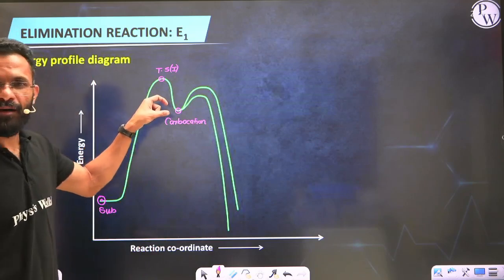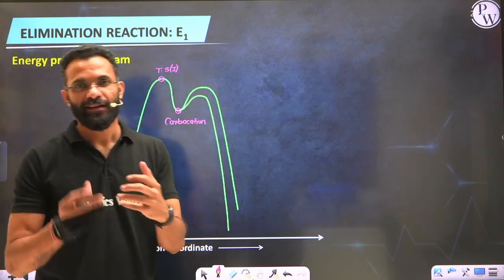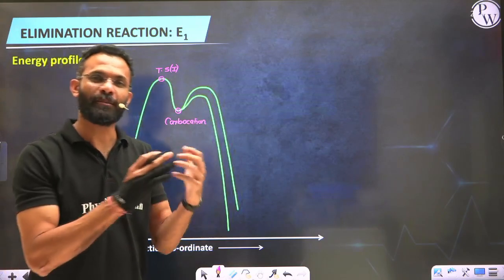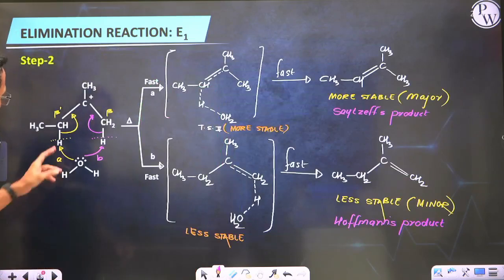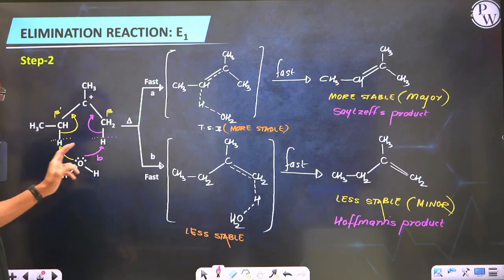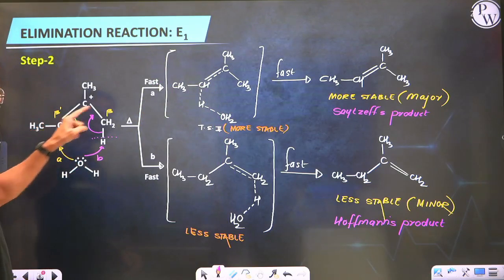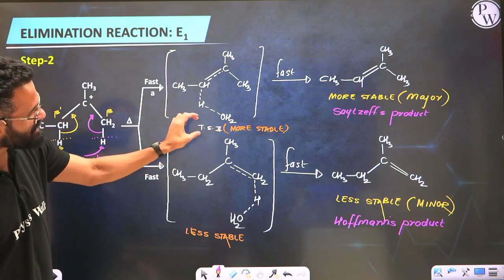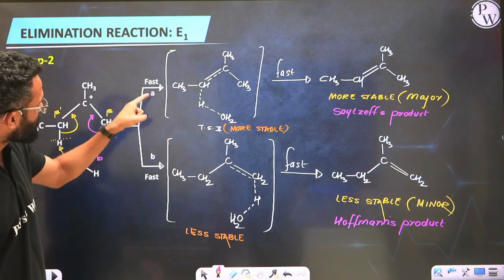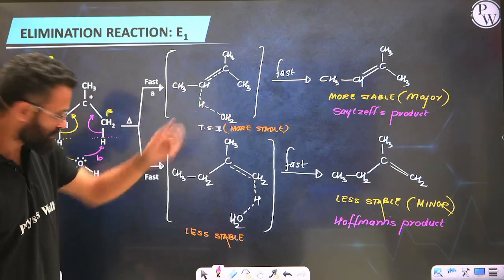Once the stable carbocation is formed, now the weaker base such as the solvent itself abstracts the beta hydrogen atom. Now since we have got two different beta hydrogen atoms, we got two mechanism paths. Path A, where water abstracts hydrogen from the more substituted carbon, resulting in a more stable transition state 2, meaning the energy of this transition state 2 obtained via path A is going to be lesser because it is more stable.